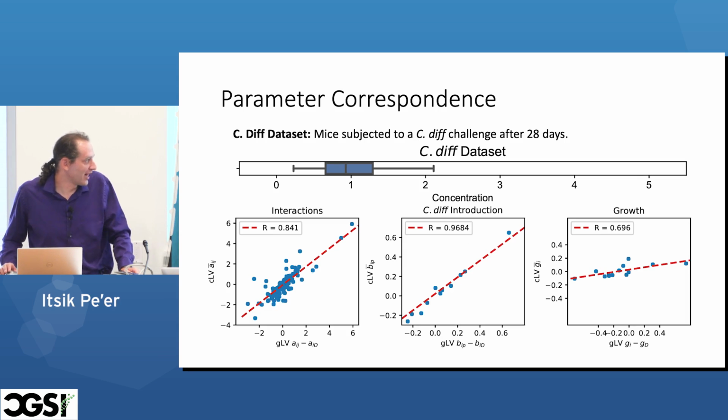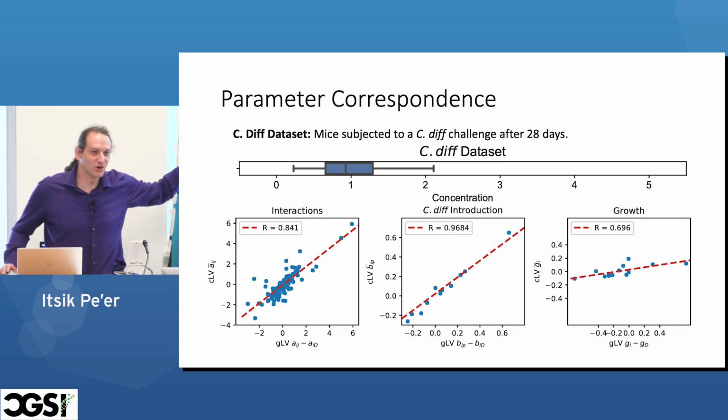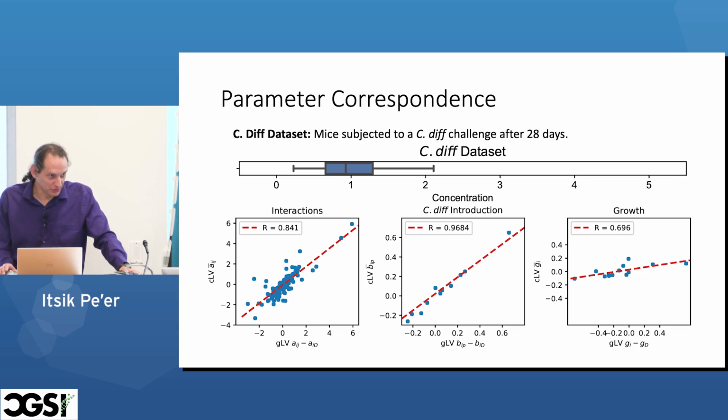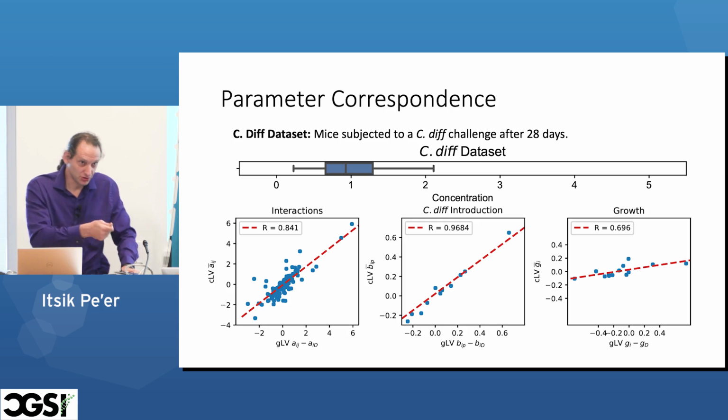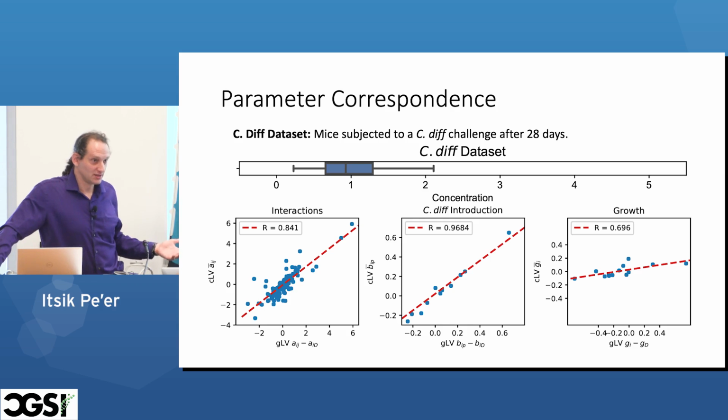But we do infer a decent correlation between what we infer in the compositional model and what could have been available with the qPCR data, so with the actual full abundances. The whole point of this is really introducing the compositional equations and asking to what extent we can still do that in a compositional environment.